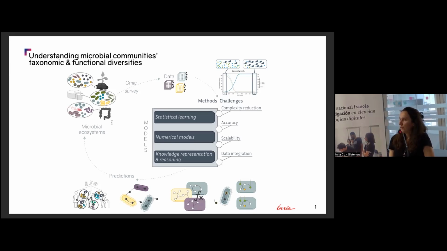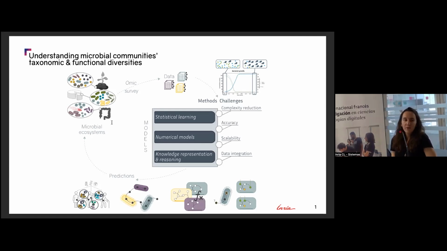For instance, you can study the DNA sequences, that's genomics data, the expressed genes, that's transcriptomics, the molecules, metabolomics. All of this data is integrated into dedicated computational models in order to generate predictions and hypotheses on the mechanisms of the living organisms, and to guide further experimentation, hence the virtuous cycle.